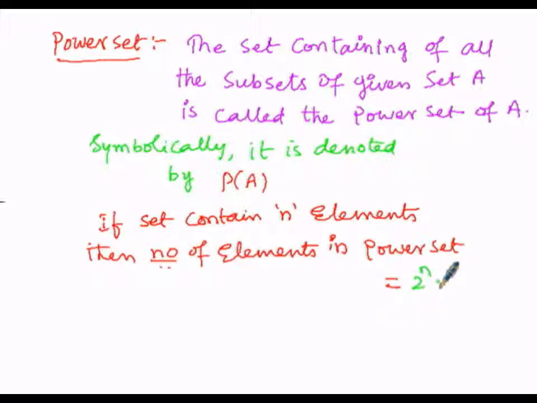So we can get the number of elements present in that power set by means of the formula, that is 2 to the power of n.